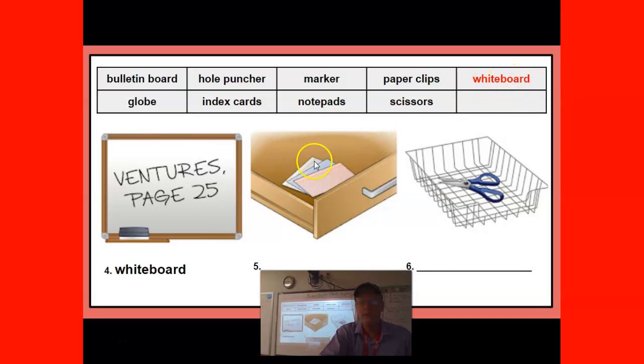All right, we've got some small pieces of paper. Usually they're 3 inches down, 5 inches across, so about this big. You know what we call those? Index cards.